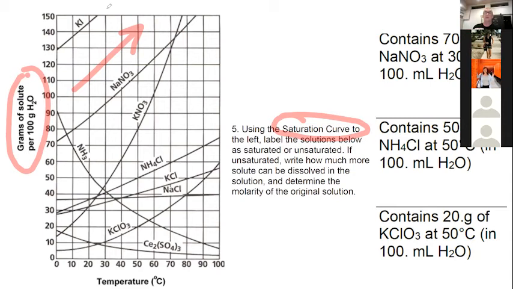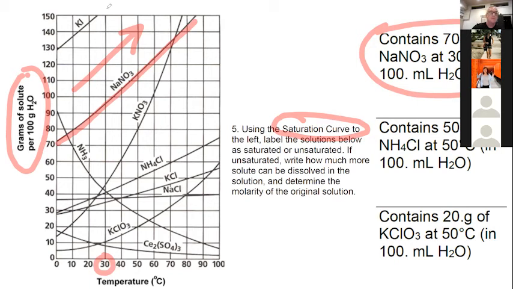To figure these questions out, you look at the salt you're given and the amount. The first one is sodium nitrate at 30 degrees C. So we look for the sodium nitrate line, and it's this one. Then we go to 30 degrees, which is here, and we see where the saturation line crosses.